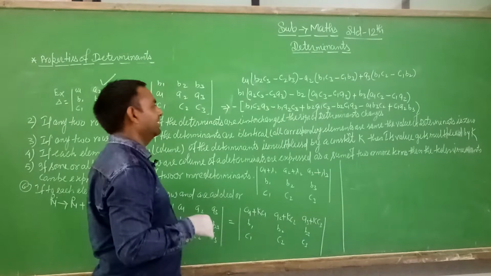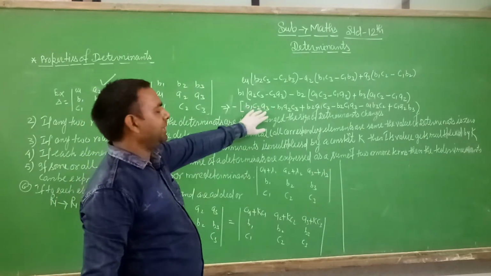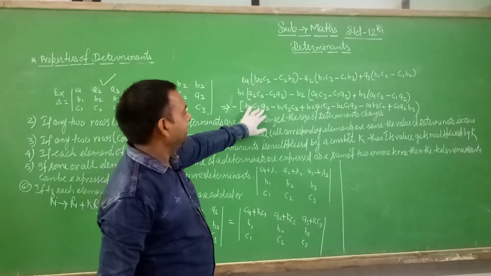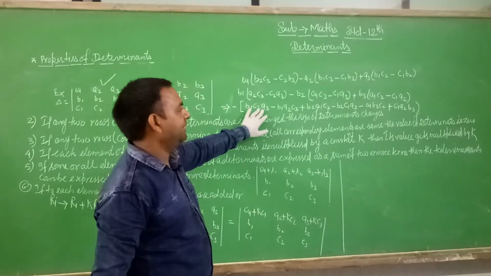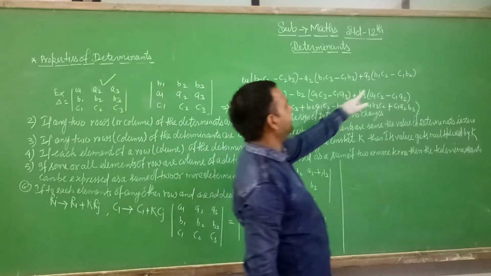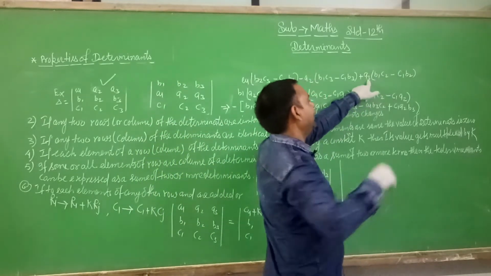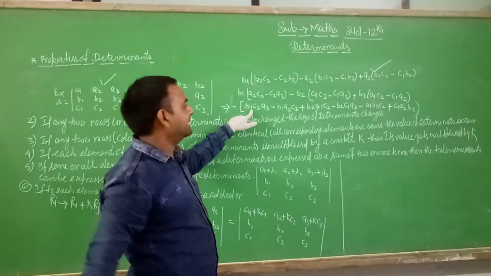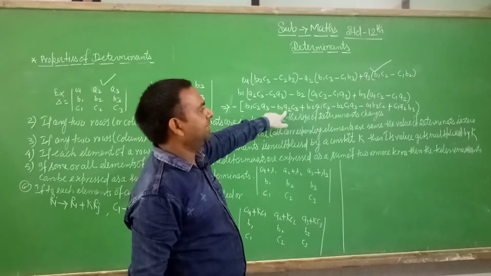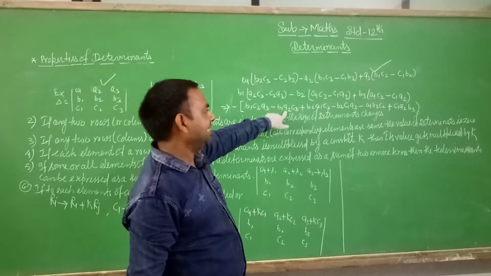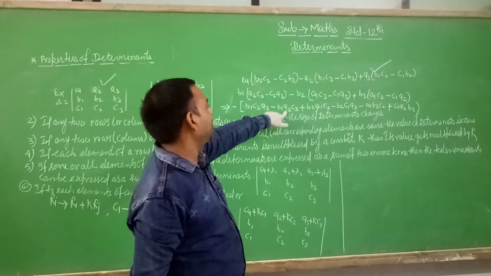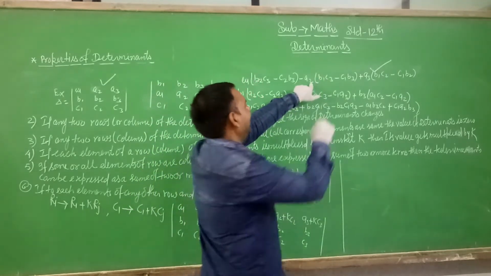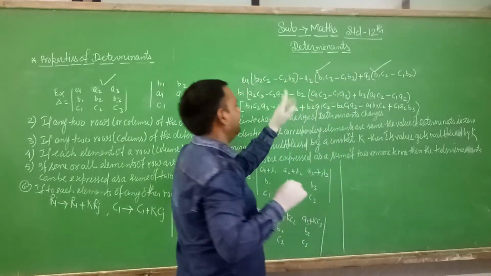So here you see this element B1 C2 A3 is positive, and this is also positive. The second is B1 A2 C3, which is negative.